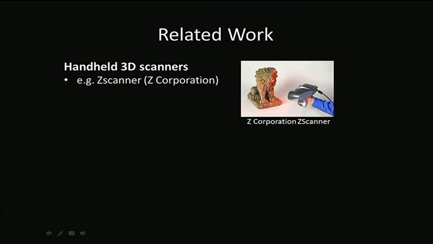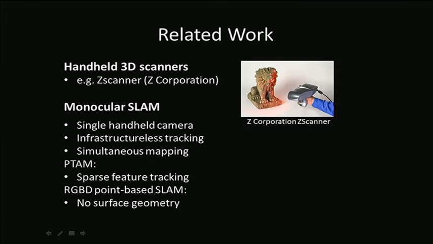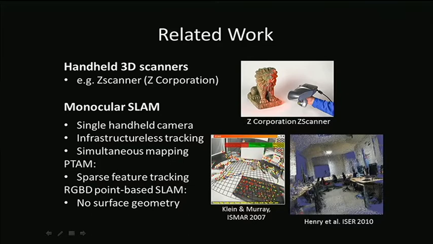This is some related work. This is slightly more precise, but we found a good trade-off between speed and quality. There's also a considerable amount of work in the area of SLAM, simultaneous localization and mapping, in robotics and computer vision. There, a single camera is used to extract features from motion in the image.